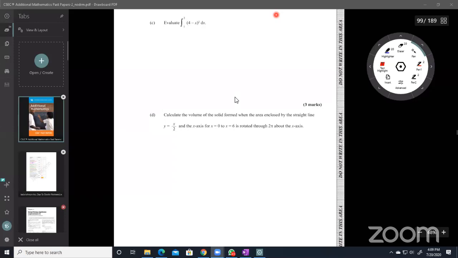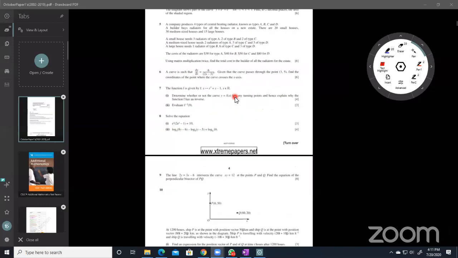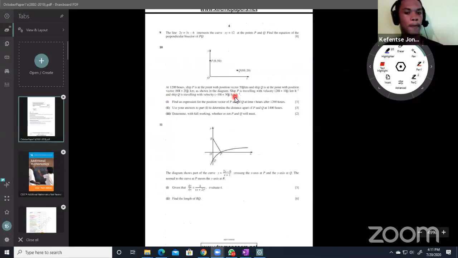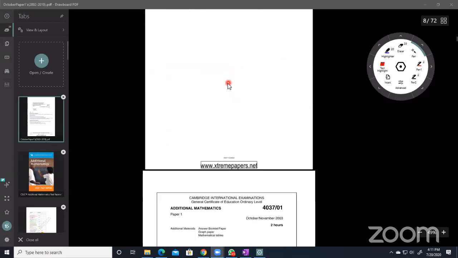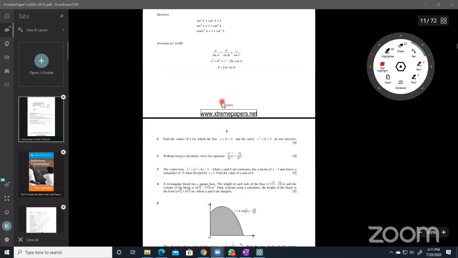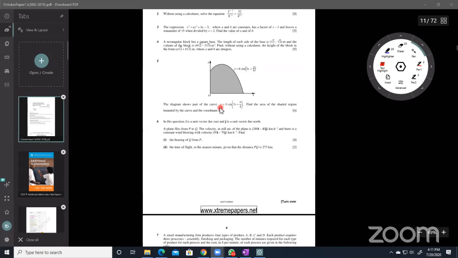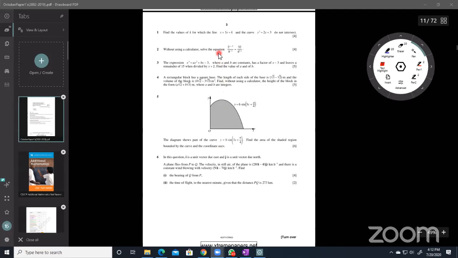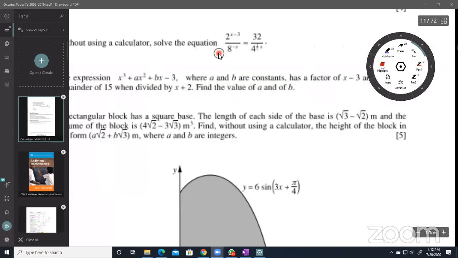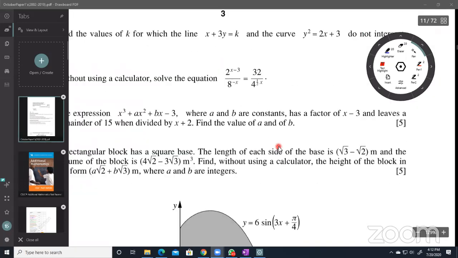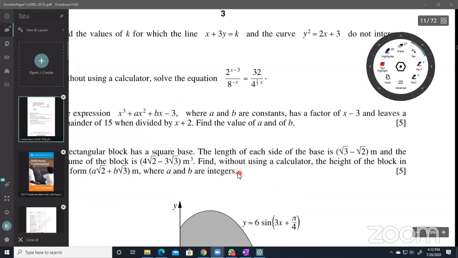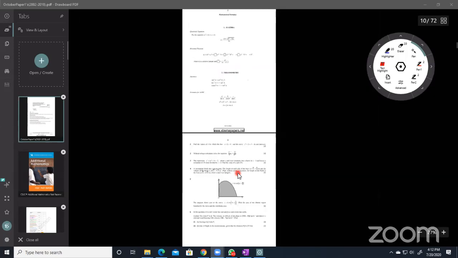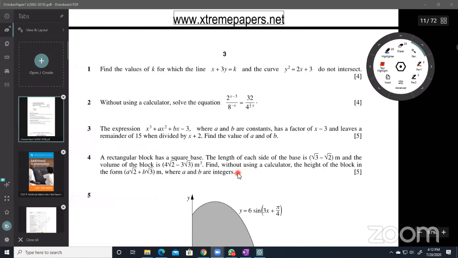So you see my screen now, right? Yes, sir. Okay, so I'm looking for the third question. Eventually you want to be able to do these questions. So here we have a third question. Let's look at it. See number 4.